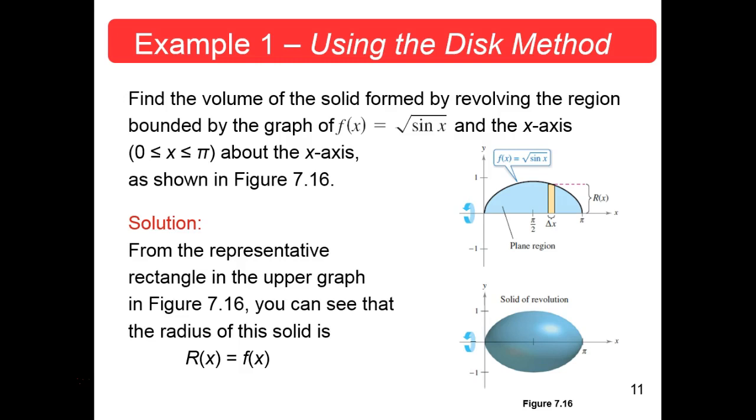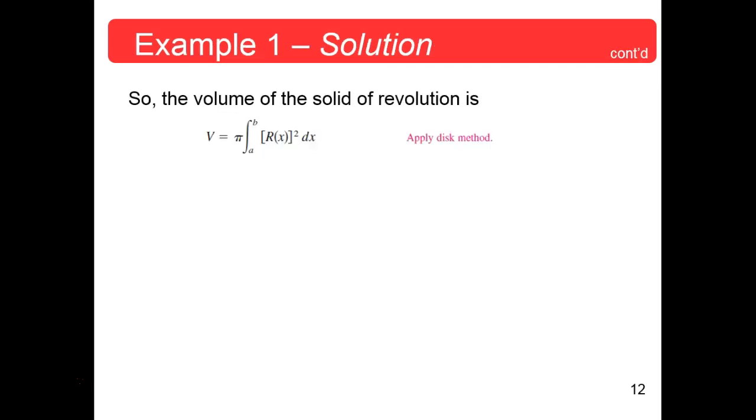Your r of x is the square root of sine x. And the volume of the resulting solid of revolution would be pi times the integral from a to b of r of x squared dx. That's the basic formula we came up with.